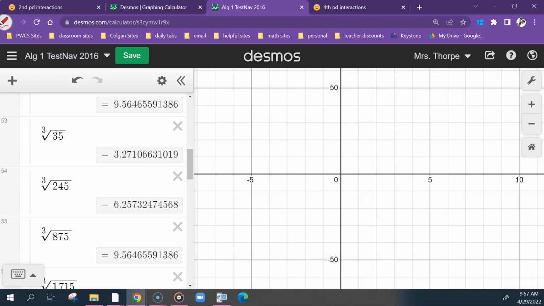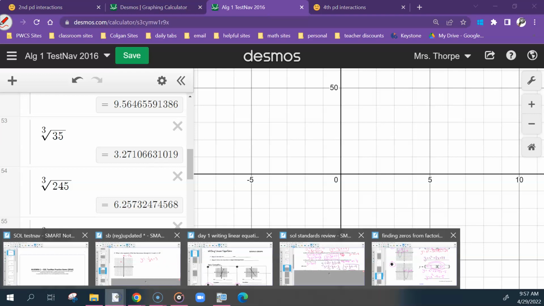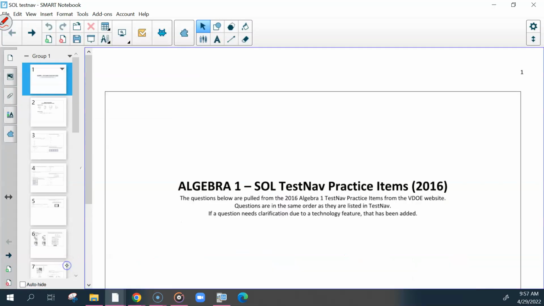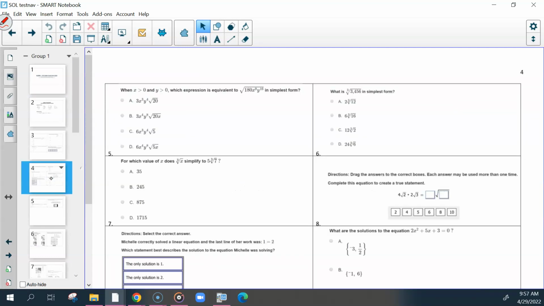Multiply 4 and 2 to get 8, and then multiply 2 and 3 to get 6. If it could be simplified, make sure you simplify it, but this one would not need to be simplified. This is a drag and drop question, so you would drag these numbers to these levels.